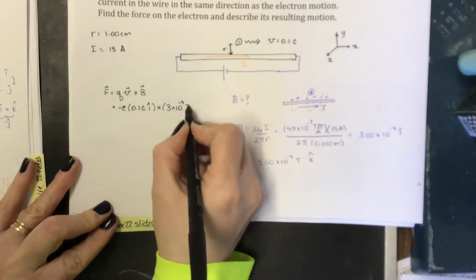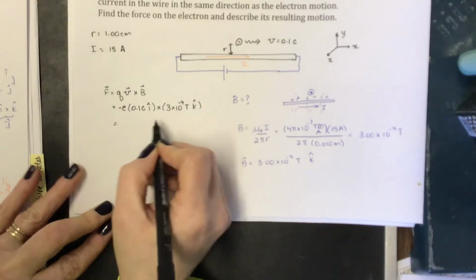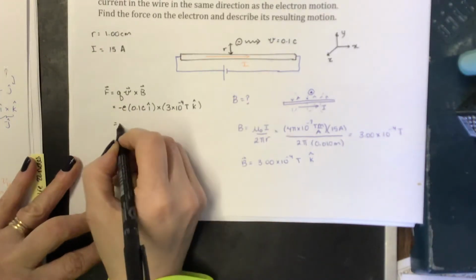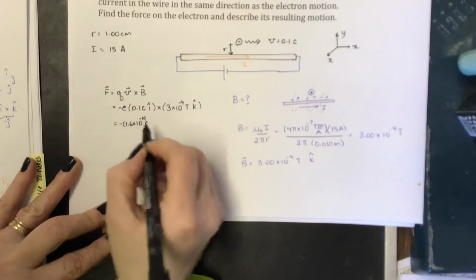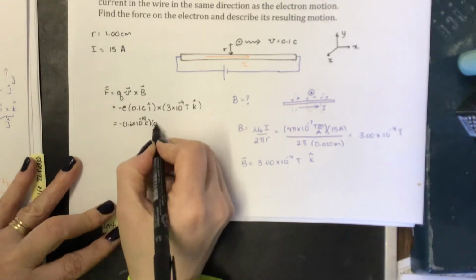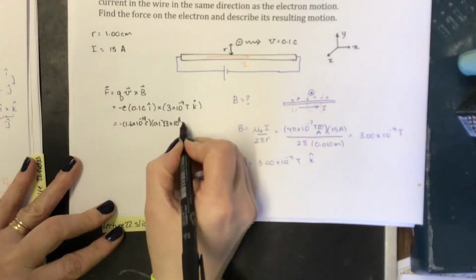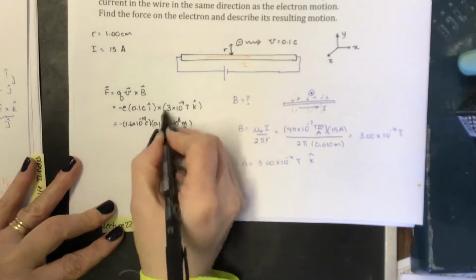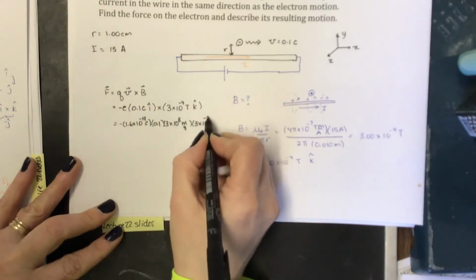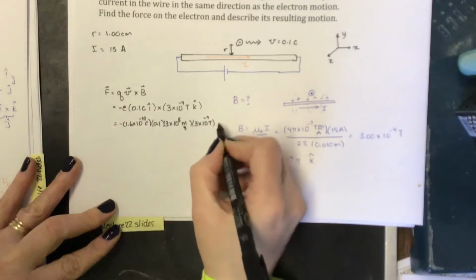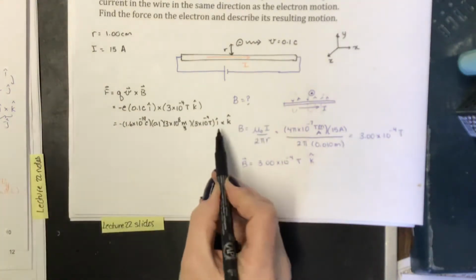So let's get a little bit more specific. e is 1.6 times 10 to the minus 19 coulombs, multiplying by 0.1 times c times the strength of our magnetic field, 3 times 10 to the minus 4 teslas, and then we'll leave our vector things at the end, i cross k. So here you might just know what i cross k is, or you might need a little tool to remember it.